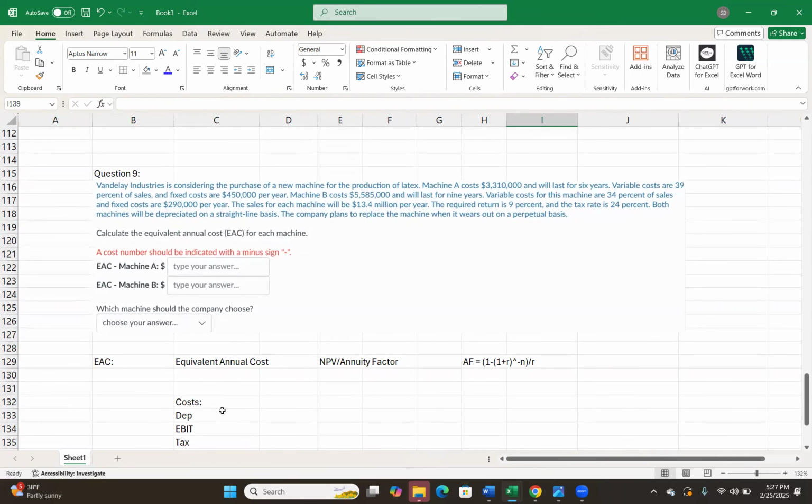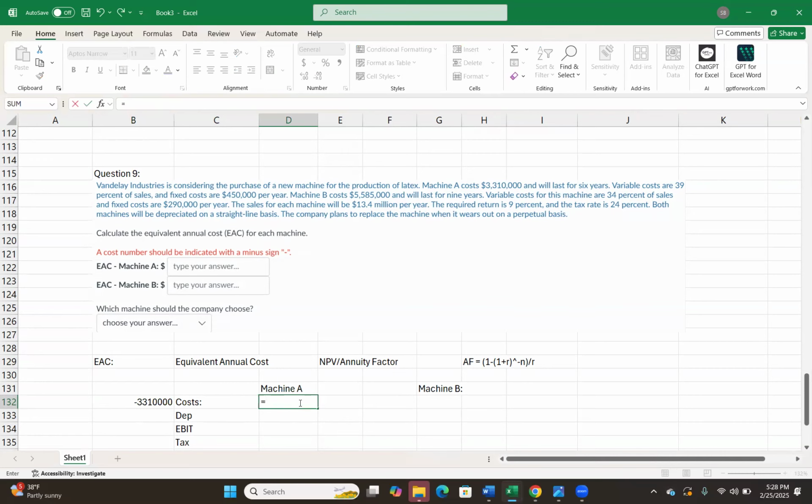We've got machine A and machine B. So machine A costs 3310,000. Variable costs are 39. Oh, hello. That's not the actual cost. That's CapEx. Sorry.